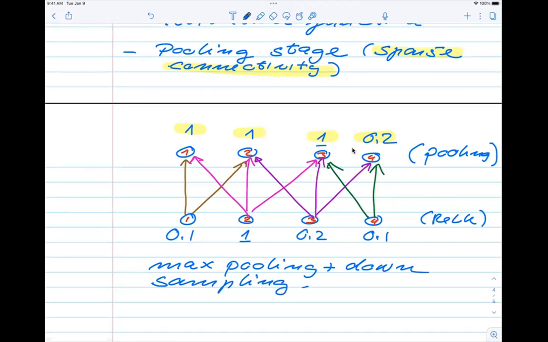In the ReLU layer and in the pooling layer, there are no parameters which are adjusted. The parameters which appear in the convolutional part are essentially the parameters in the weight matrix. And the pooling layer, if you use max pooling, simply produces as an output the maximum value for the nodes which are connected.